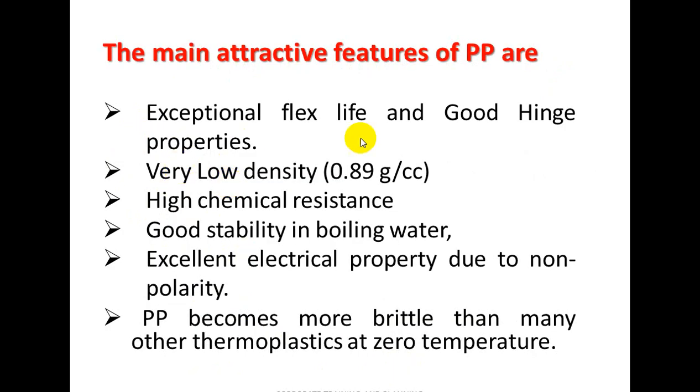The main attractive features of PP: exceptional flex life and good hinge properties, very low density, so it is light, high chemical resistance, good stability in boiling water, and excellent electrical properties due to non-polarity, totally an insulator. PP becomes more brittle than many other thermoplastics at zero temperature.